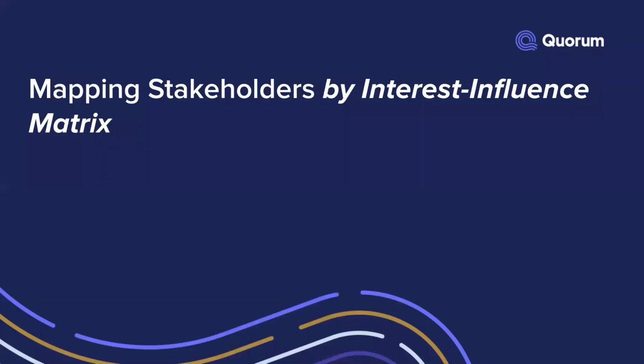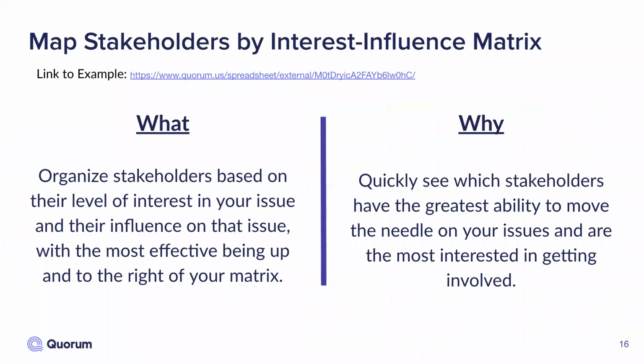Now, this next strategy is really interesting. This is about the ability to map your stakeholders by the interest and influence matrix. So each of your stakeholders has a certain level of interest in an issue, as well as a level of influence on that issue. Knowing this information, you can build a matrix mapping interest versus influence and providing you with four different quadrants or categories of stakeholders.